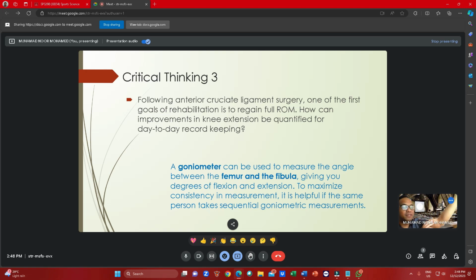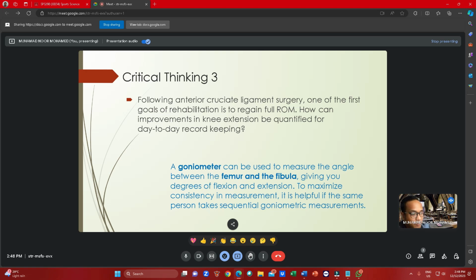Maybe on the first day we can bend a bit, the second day it goes further, the third day further, and by the fourth day it can go straight to full ROM. When we see this improvement, it is a sign that the procedure is effective and that there is improvement.